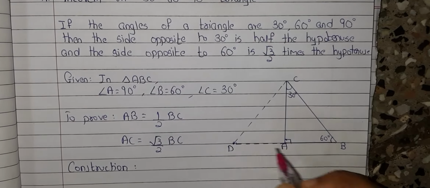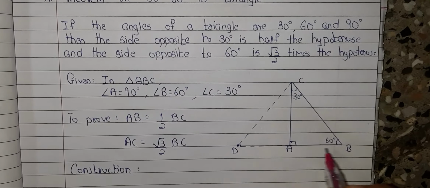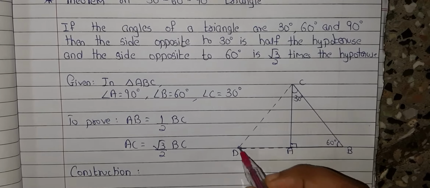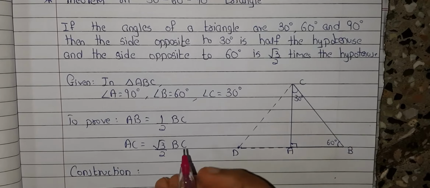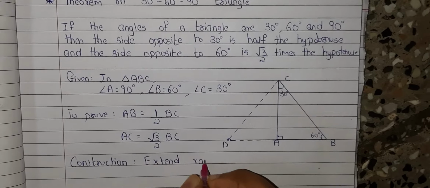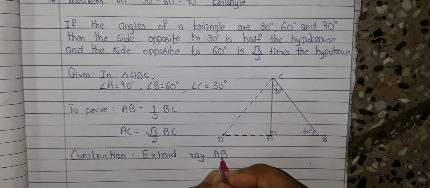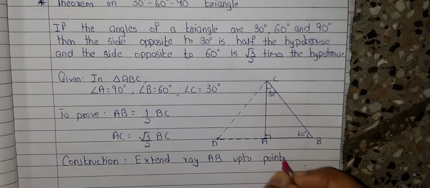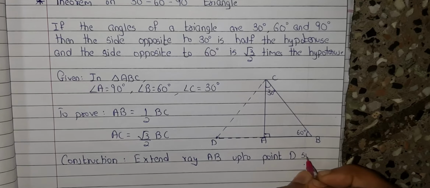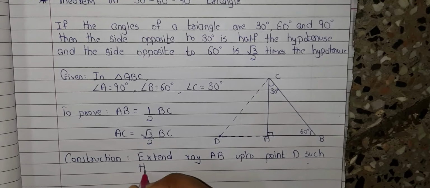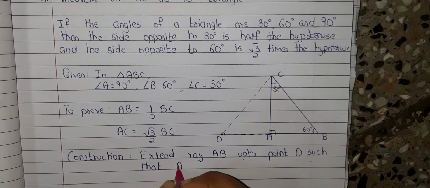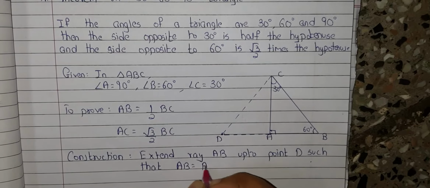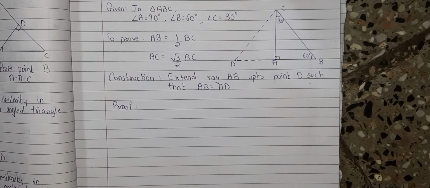So we have done the construction such that AB is equal to AD. Extend ray AB up to point D such that AB is equal to AD. Now next we will move towards the proof.